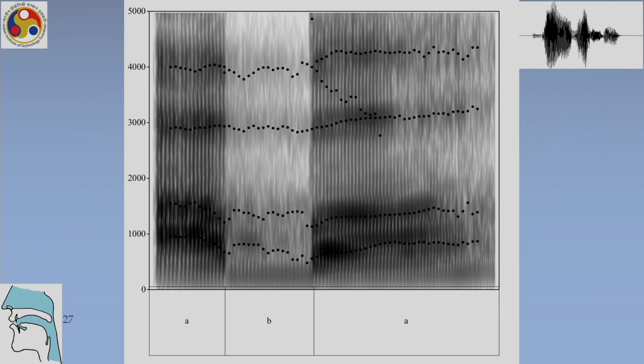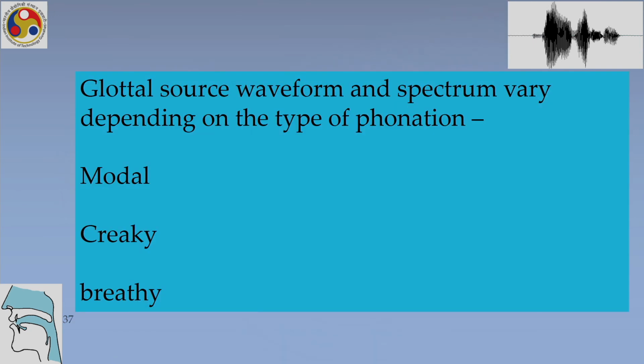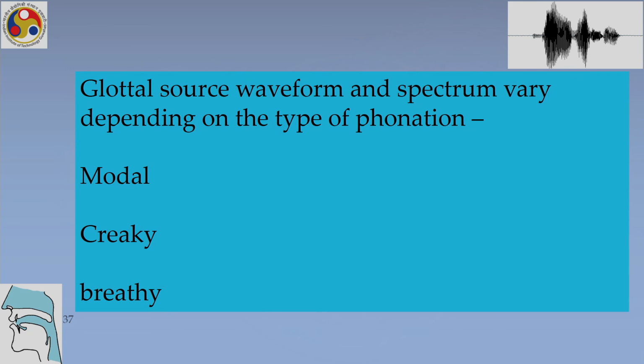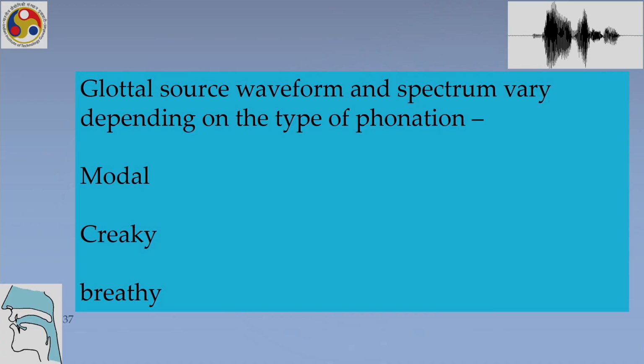We have a lot of spectrograms to study, because we know a bit about the glottal source and the filtering function. Let us now go through that a bit and go back to the spectrograms that you saw, and understand what's happening there. The glottal source waveform and spectrum vary depending on the type of phonation.